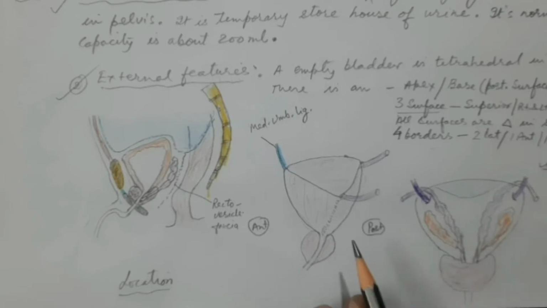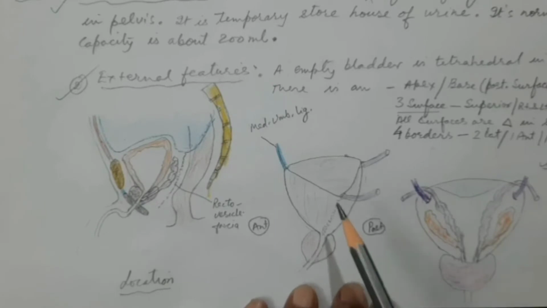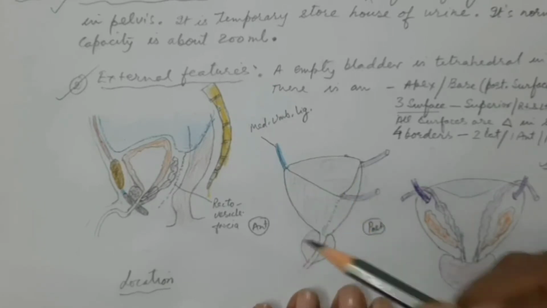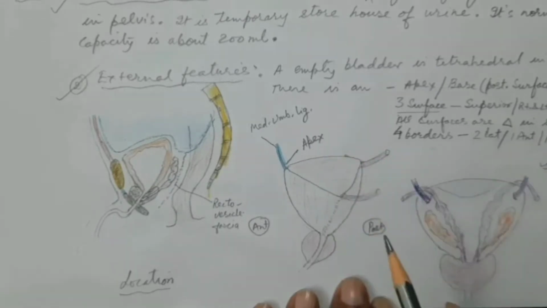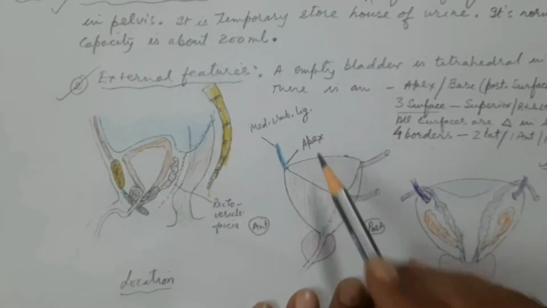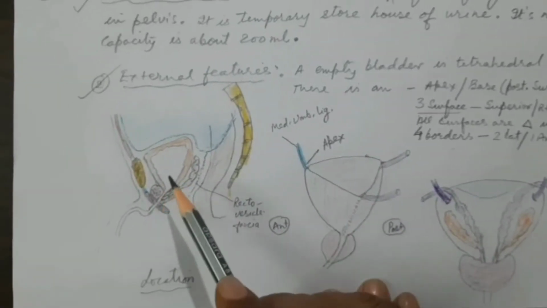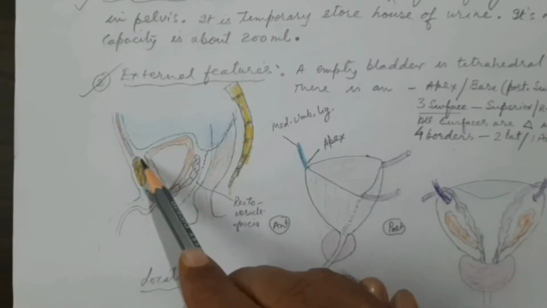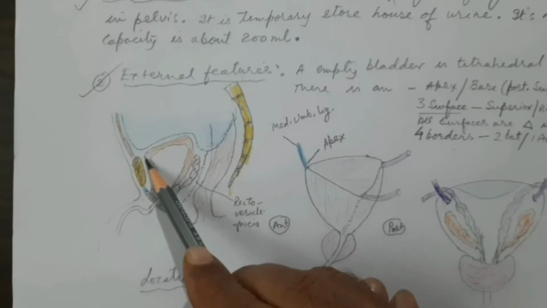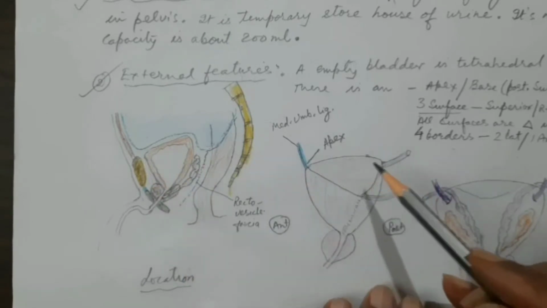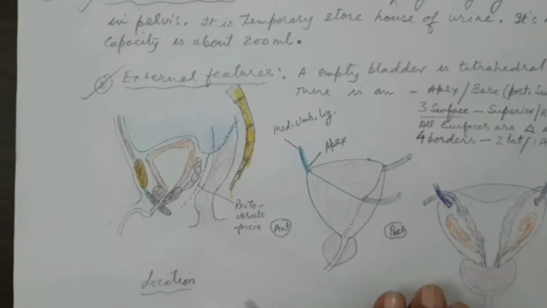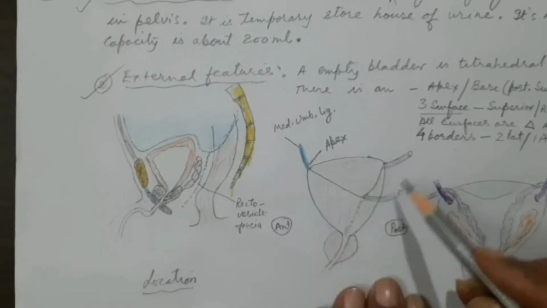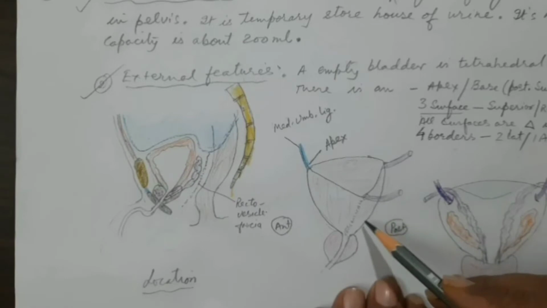There is an apex of this empty bladder. This is the apex. Most of the things I have already written to save time. The apex lies just posterior to the upper margin of the pubic symphysis. Since this is the apex, naturally opposite to it will lie the base.